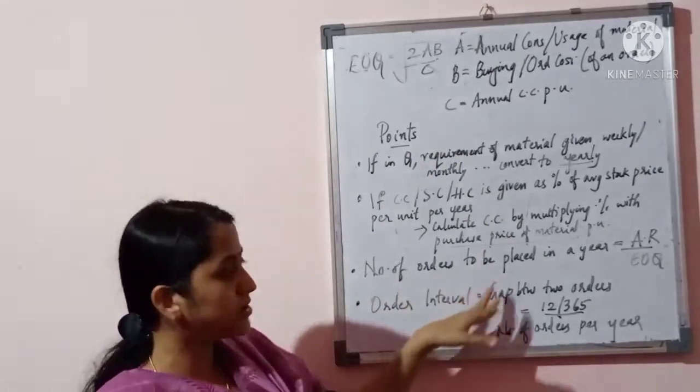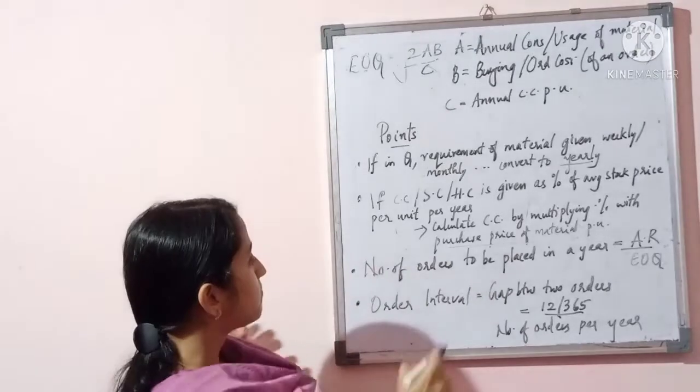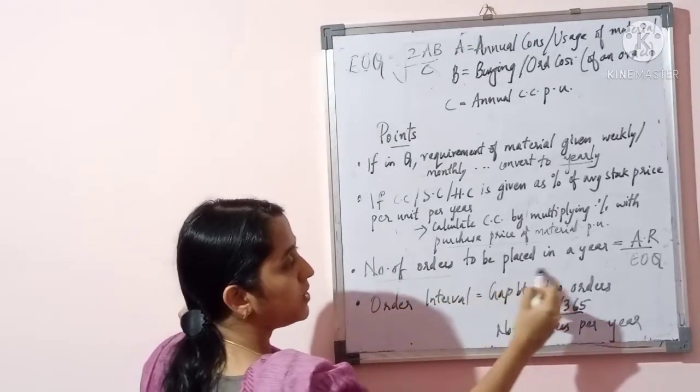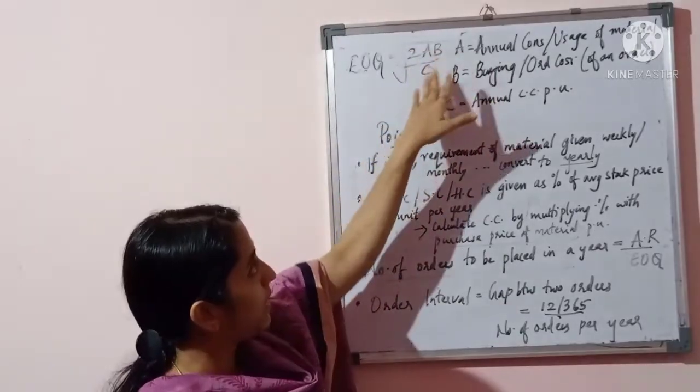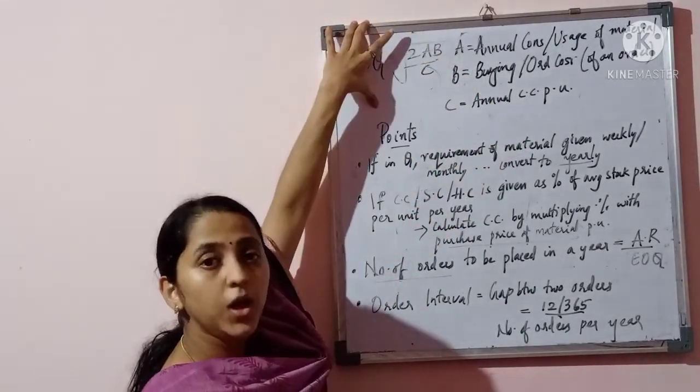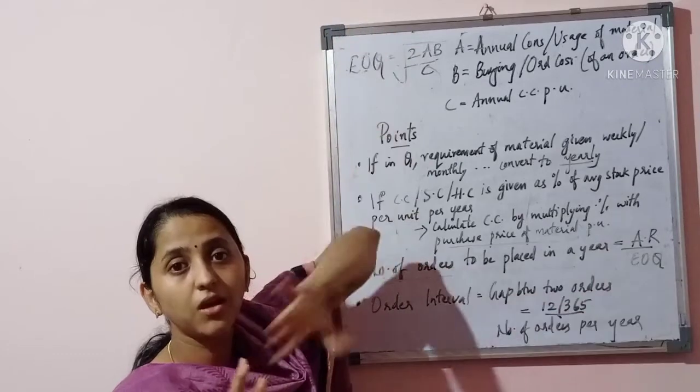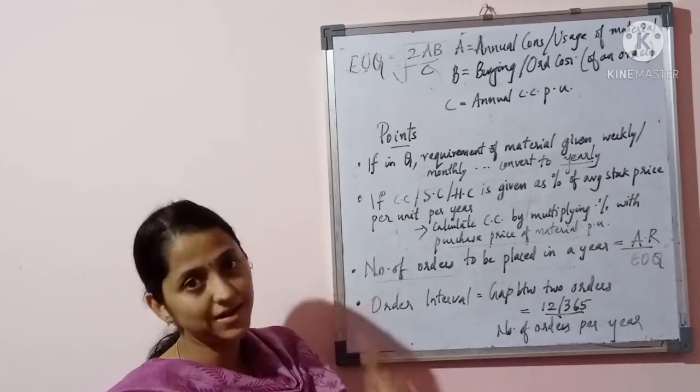And then 2 more formulas. One is the number of orders to be placed. Once we get the EOQ, after calculation of 2AB by C, EOQ means the most economical quantity which we have to order at a time.